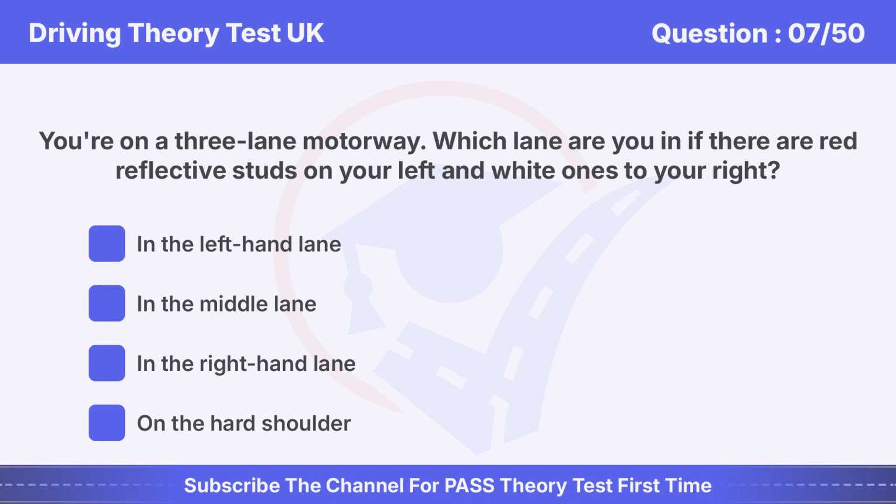Question 7. You're on a 3-lane motorway. Which lane are you in if there are red reflective studs on your left and white ones to your right? Answer is A, in the left-hand lane.